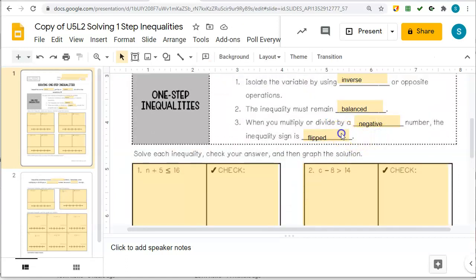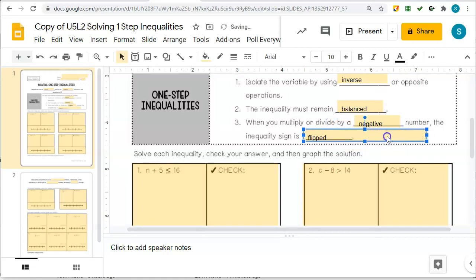I'm just going to use numbers that make sense. Let's take a statement that is true: 1 is less than 7. Everyone can believe that's true. Let's multiply everything by a negative 1. So we get negative 1, and we get negative 7.